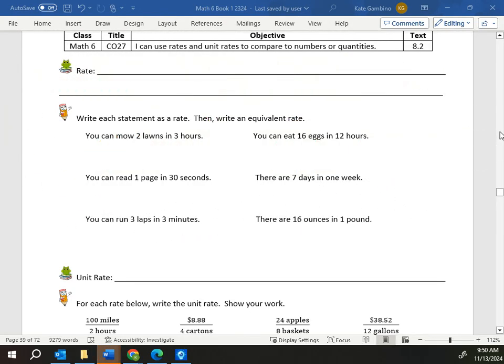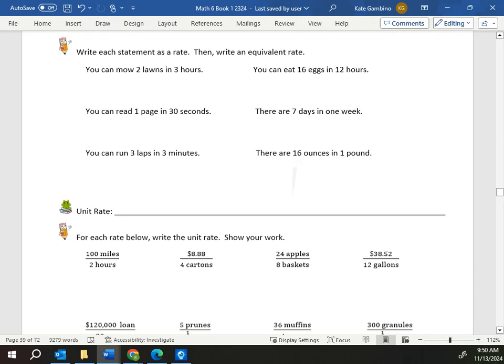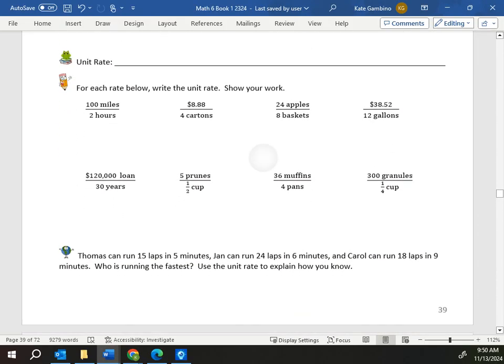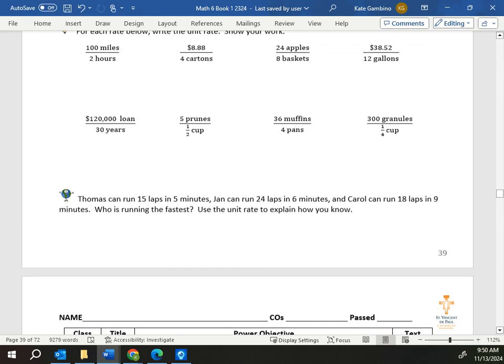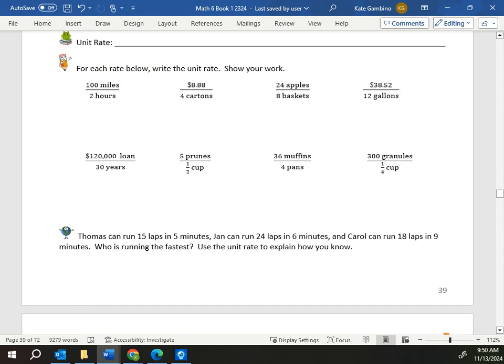so we can look at what a unit rate is. A unit rate is more specific than just a regular rate. So let's look to see what is a unit rate. Our definition is the unit rate is a rate with a denominator of 1.